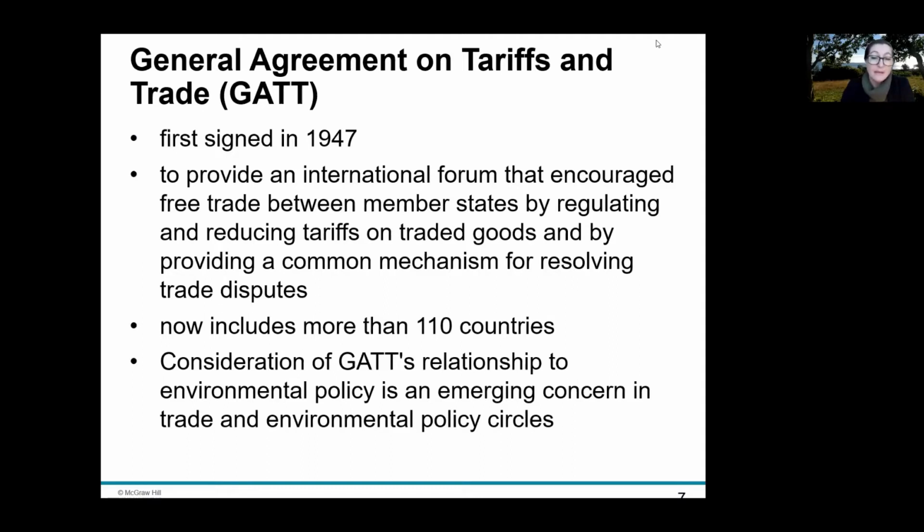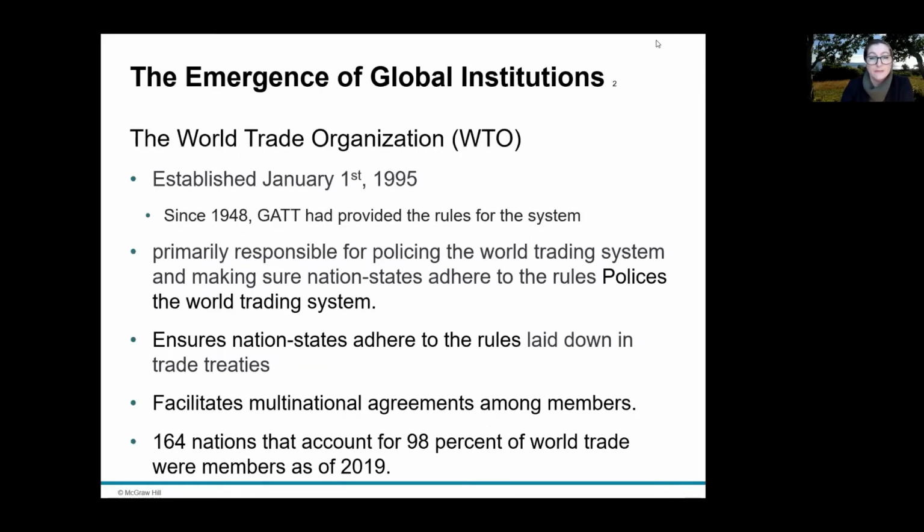What ended up happening was that 110 countries made an agreement. It's now referred to as GATT. Recently, GATT has included a consideration of environmental policy, which is excellent in terms of sustainability.